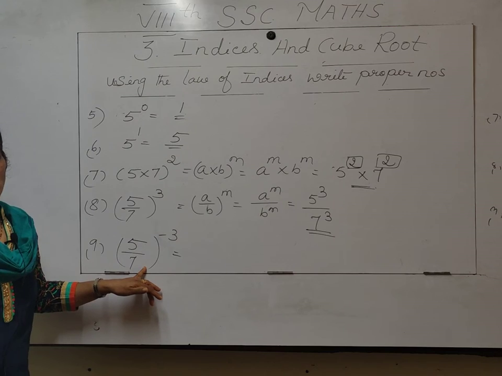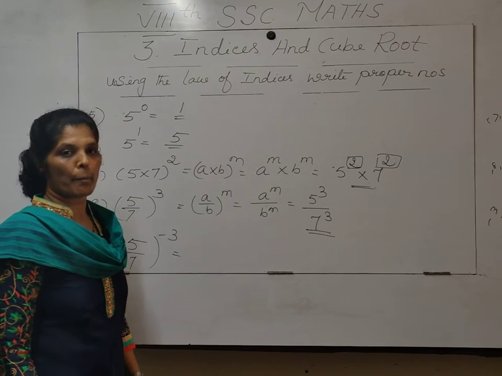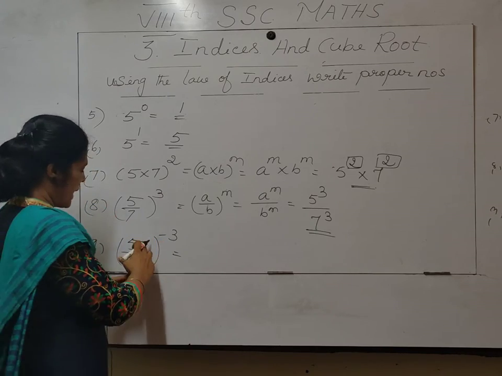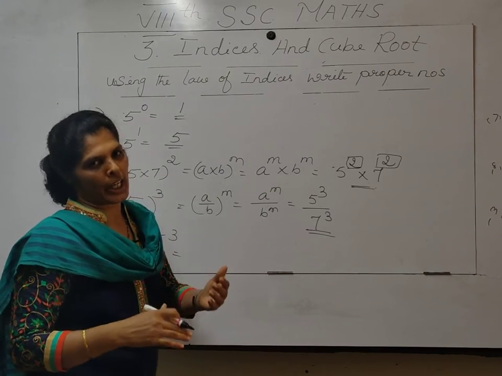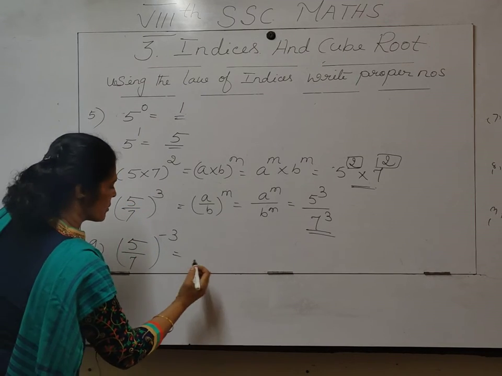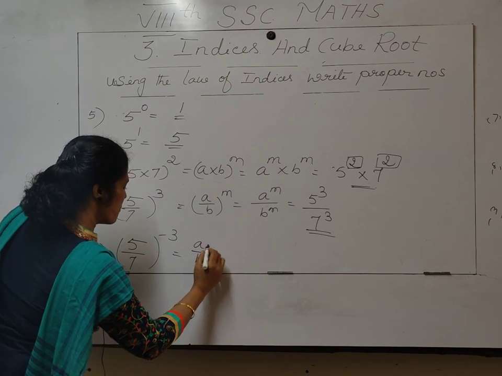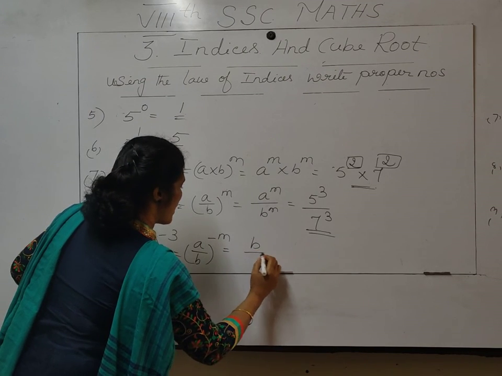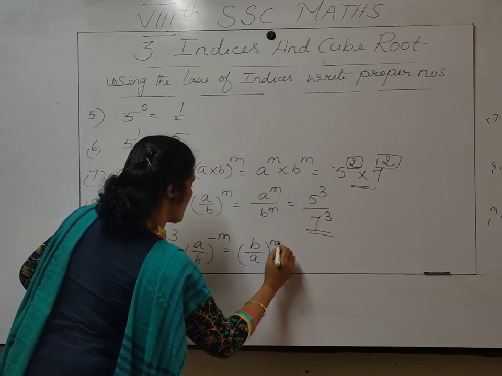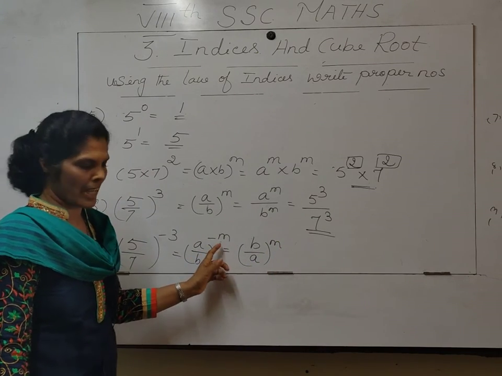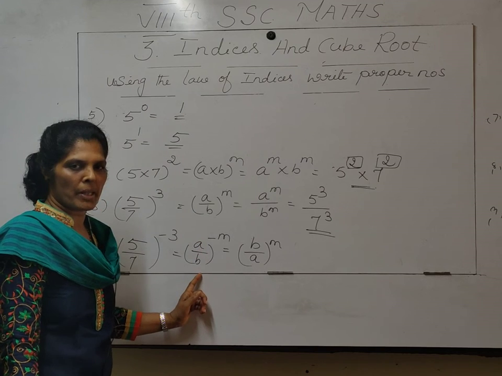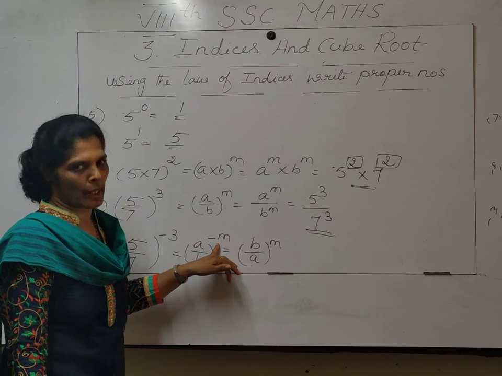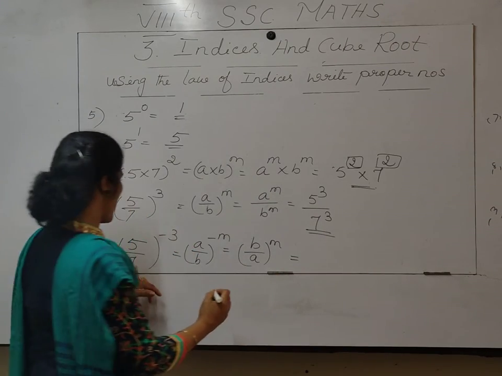Then last sum, 5 by 7 to the power minus 3. माइनस 3 आया तो लॉ क्या बोलता है? a by b को क्या करने का? रेसिप्रोकल निकालने का, b by a करना है. So a by b to the power minus m, the answer will be b by a to the power m. माइनस साइन नहीं डालना है आंसर में, और a by b का रेसिप्रोकल निकालो, that is b by a, and omit that minus sign. So what is the value of b? 7 है.